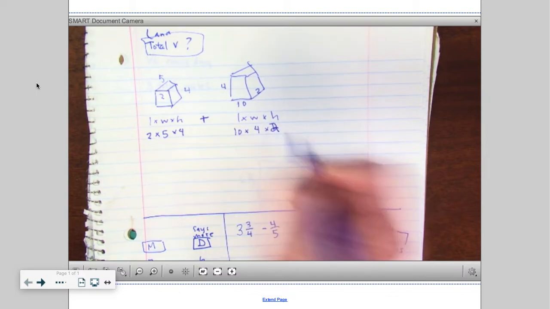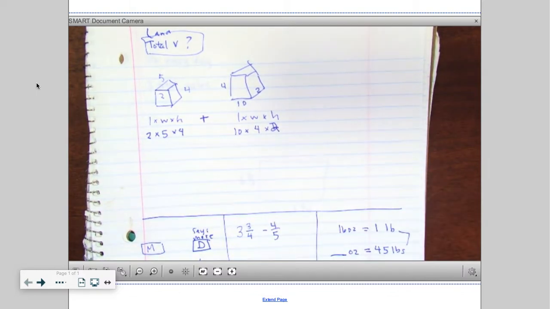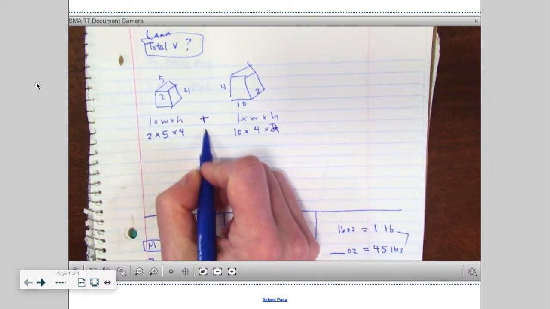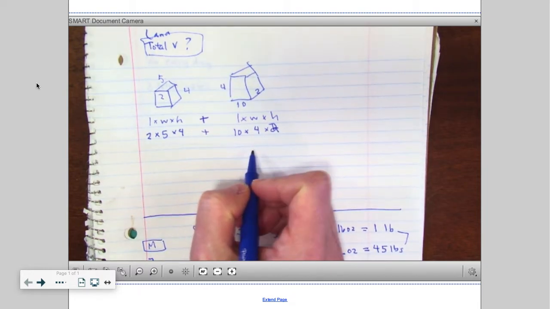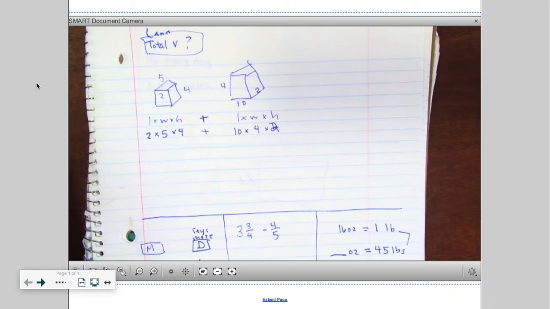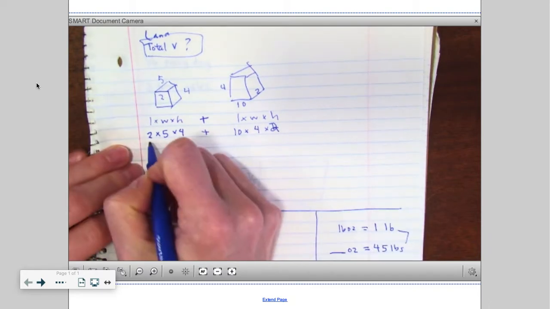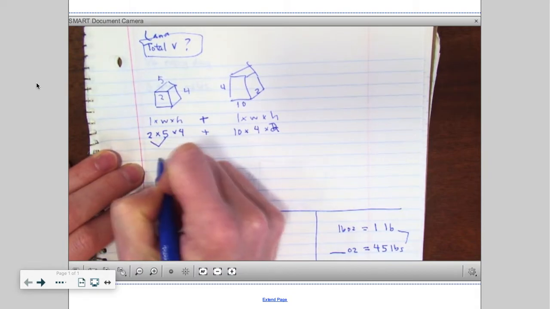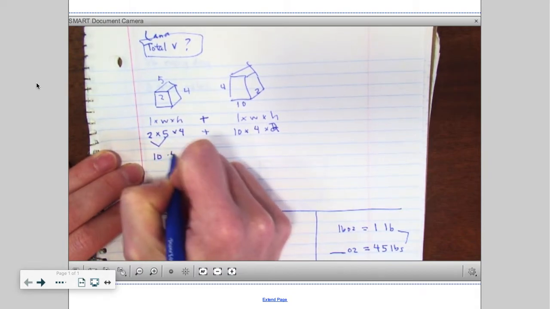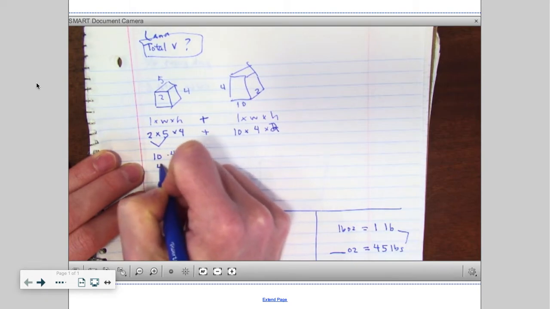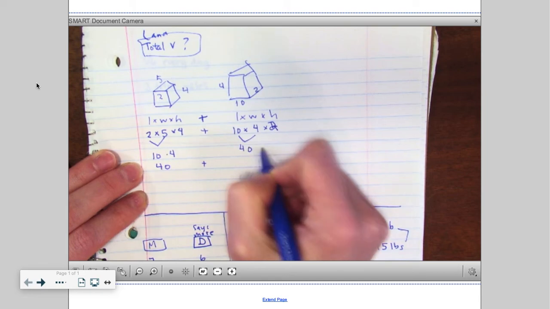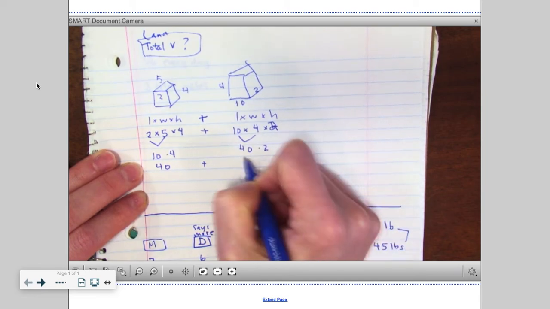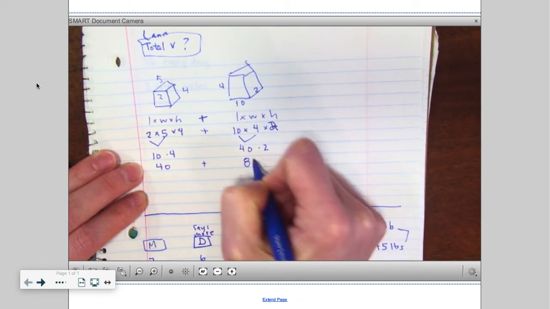So now what I need to do is solve this equation, and then I need to add my total volumes. My total volumes will always be in cubic units, okay? So let's see, 2 times 5 is 10, 10 times 4 is 40, plus there's another 40, times 2 is 80.